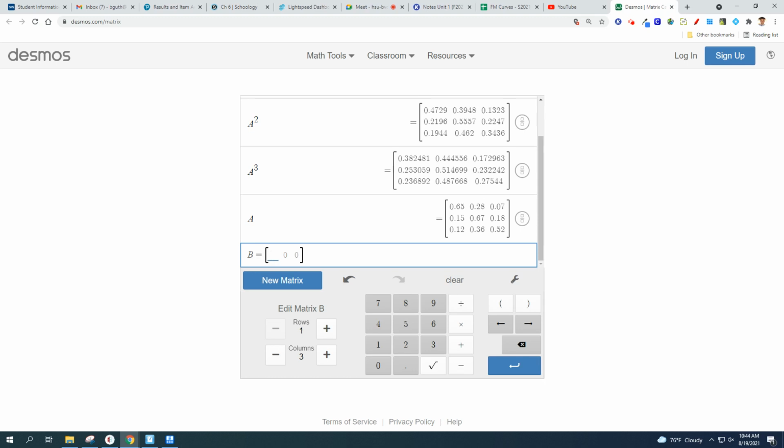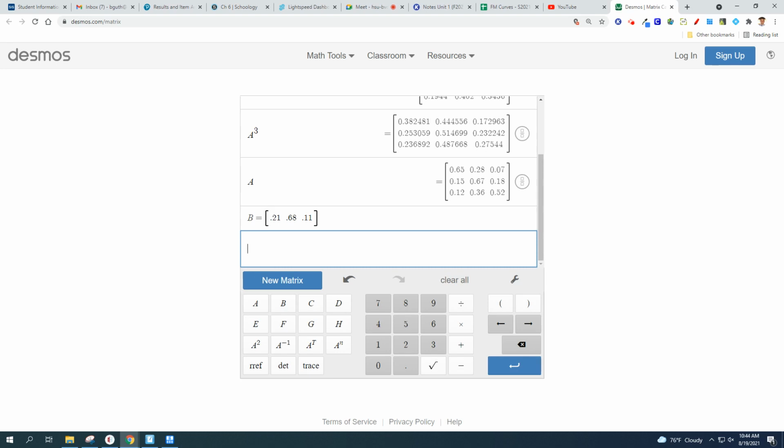It was 0.21, 0.68, and 0.11. Those numbers have to add up to 1. 0.52 would have been too big. Now I've got my transition matrix and I've got my initial vector.